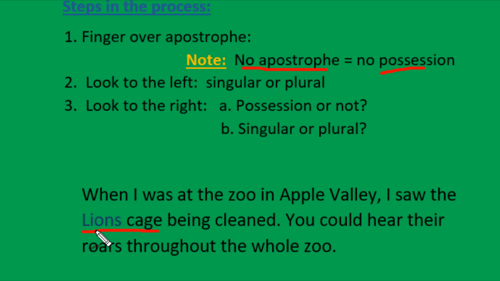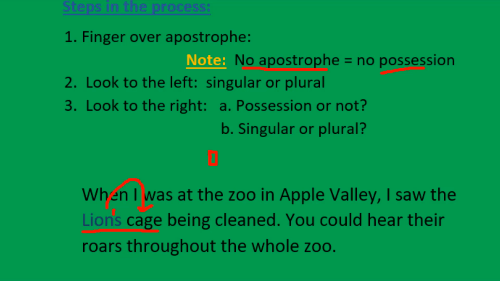Does a lion or multiple lions own a cage? The answer is yes. We need possession. So we'll need our mini name tag. But where do we put it? It says lion's cage. Well, if we put it here, that means there's one lion and that lion owns its own cage. That would make sense, right?